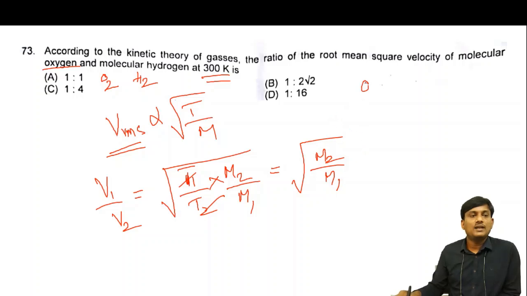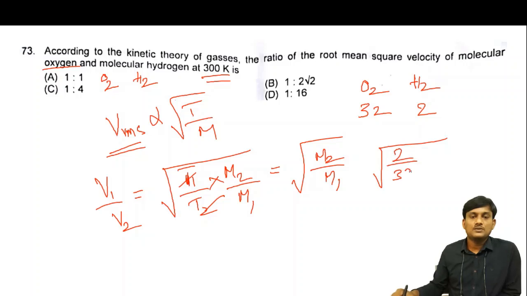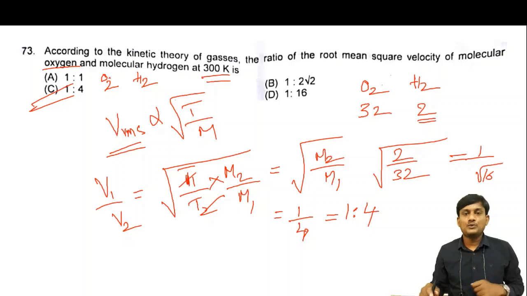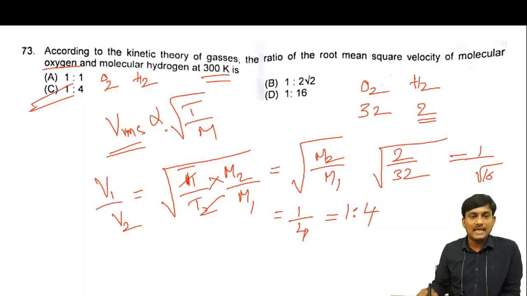What is the mass of 1 mole of O2 gas? It will be 32. Hydrogen will be 2. So it is root of 2 by 32, that is 1 by root 16. So it will be 1 by 4. So what is the ratio? 1:4 is the ratio of the root mean square velocities of oxygen and hydrogen.